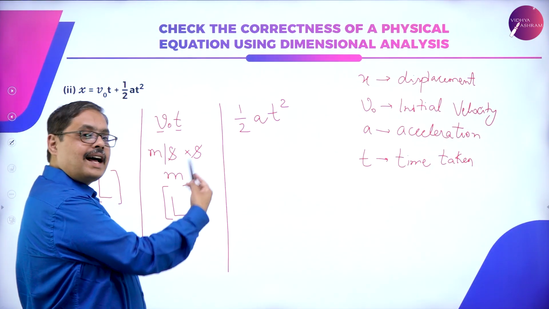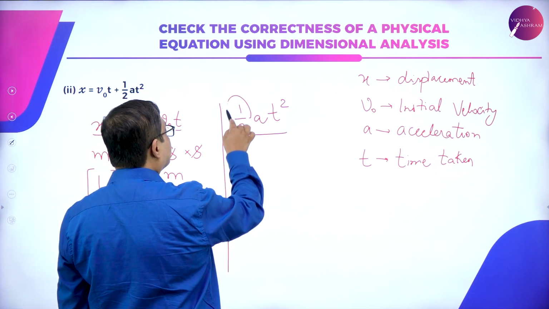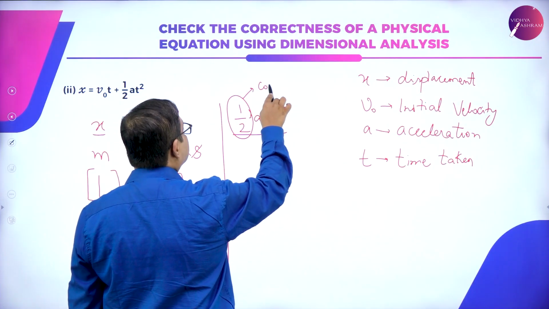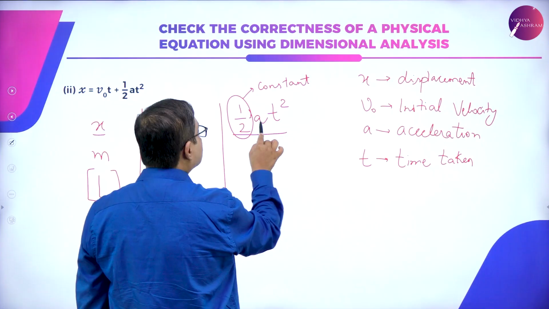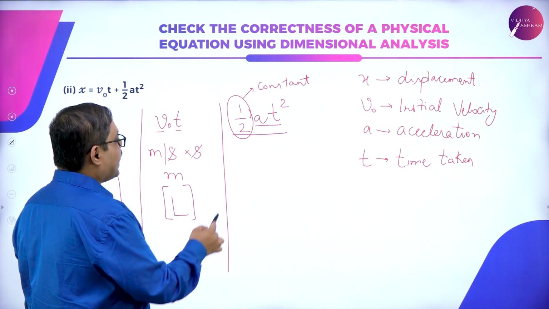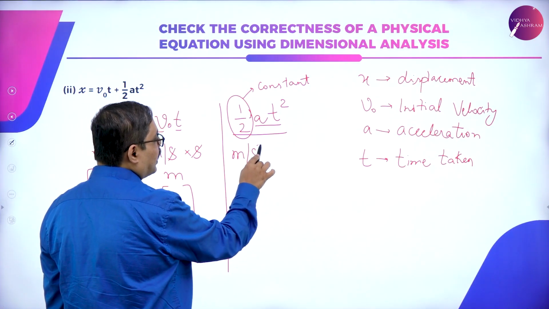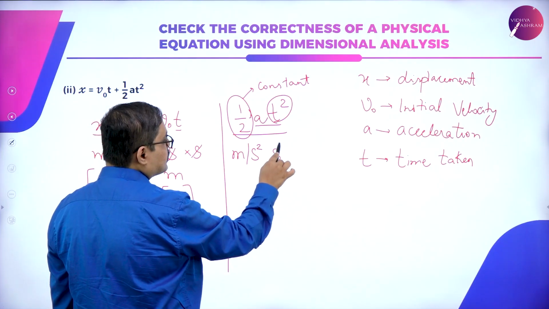Let us move on to the last term, which is half a t square. We know that the number half is a dimensionless constant. There is no dimension to this term half. So let us concentrate on a and t square. a is acceleration, whose unit is meter per second square, and then there is a time square. So this is second square.